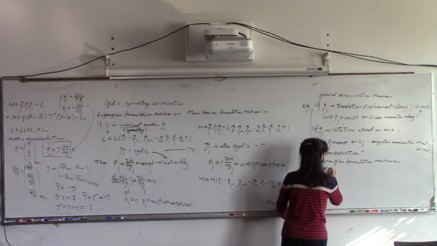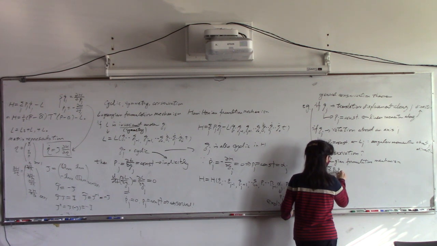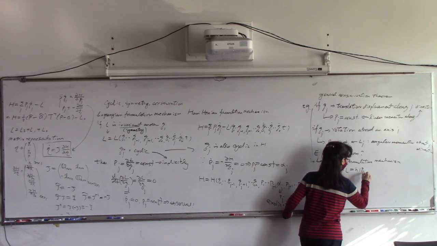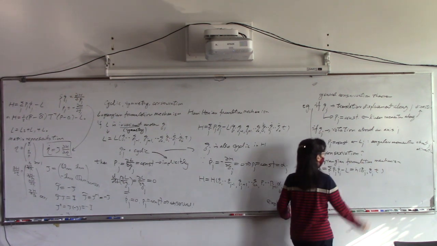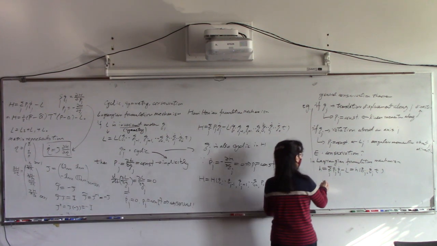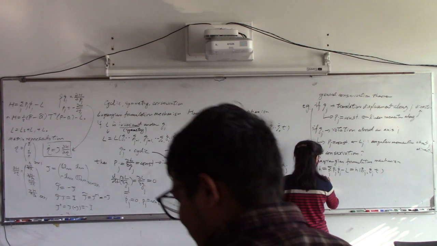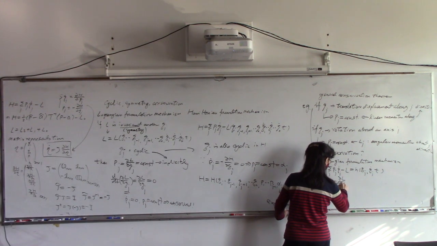And H is the sum of Pj Qj dot minus L. But H is a function of generalized coordinates, generalized velocities, and t. That's still in the configuration space. So when we introduce this, we know dH/dt is equal to minus partial L partial t, right?